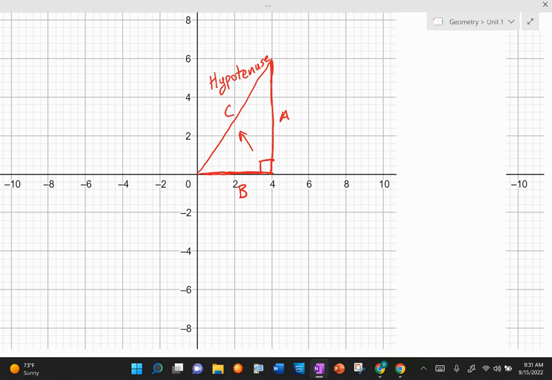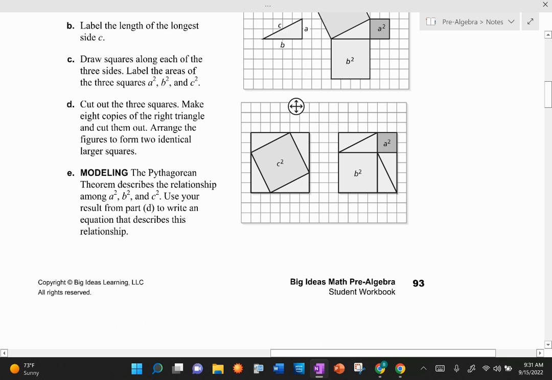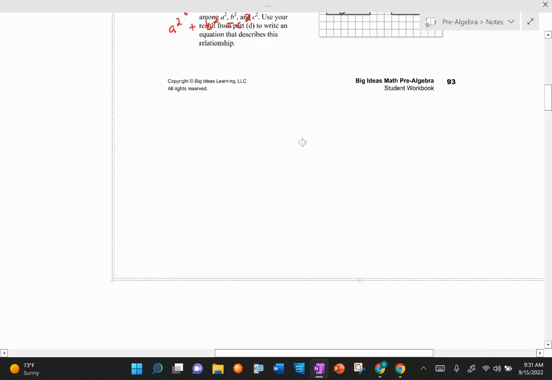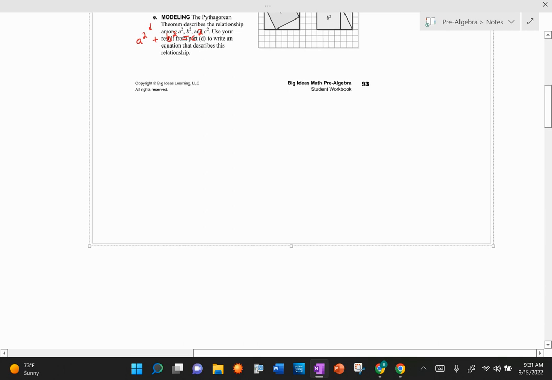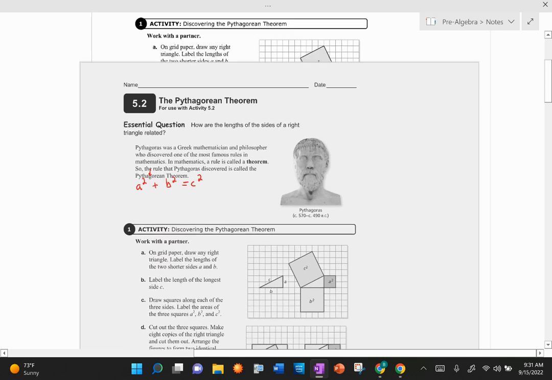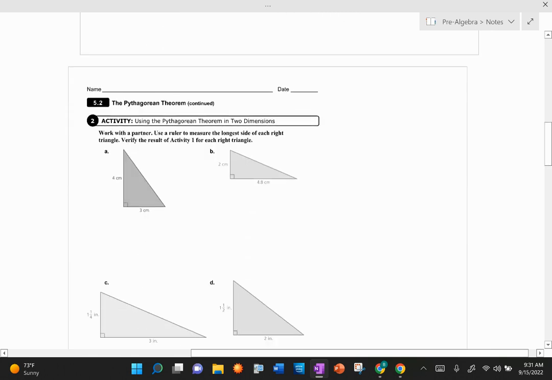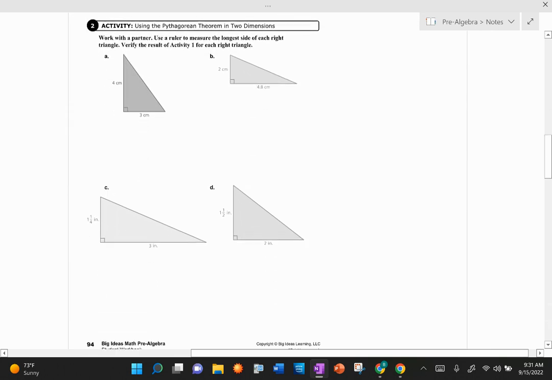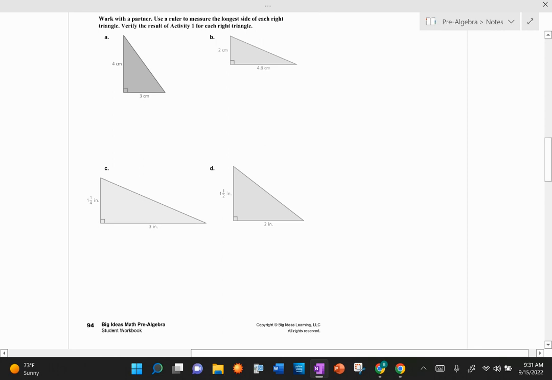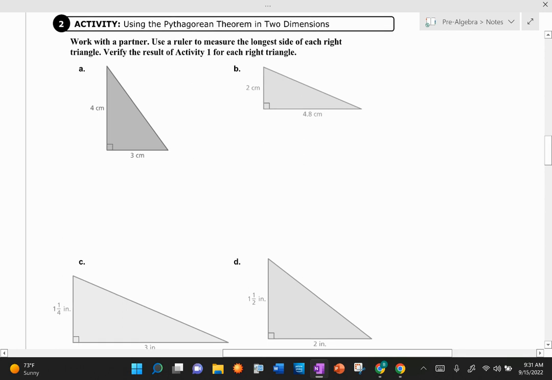We're actually going to skip part of your little packet that you have here because we don't need to do all of this. So let's skip to the second page, where you have all these right triangles.